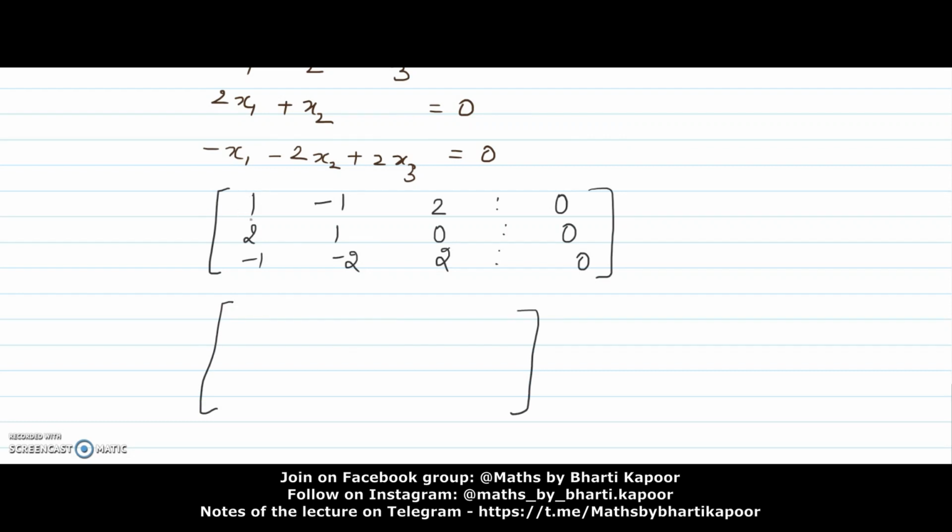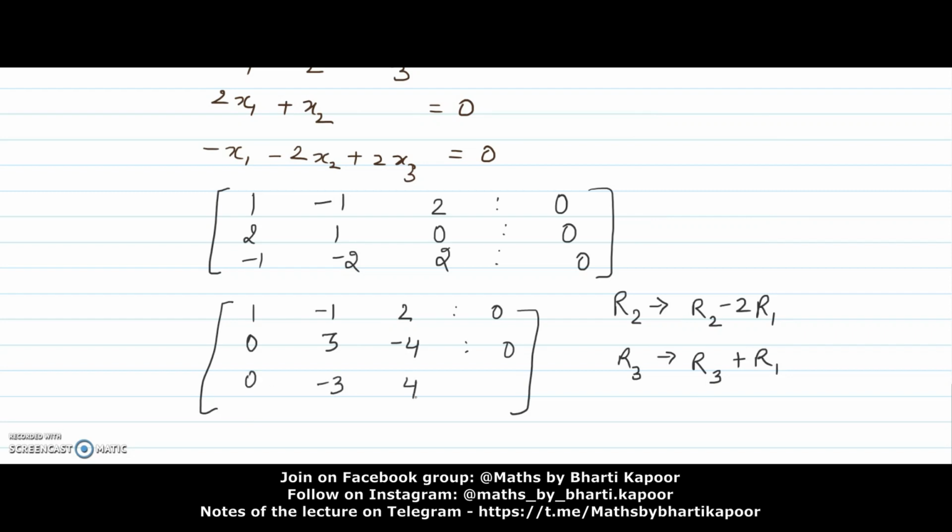The element on the top left corner is 1 and all other elements below it in the first column will be made 0. In the second row, we will do R2 minus 2R1. So this will be the first row. It will become 0, 3, minus 4. In the third row, we will add the first row. It will become 0, minus 3 and 4.